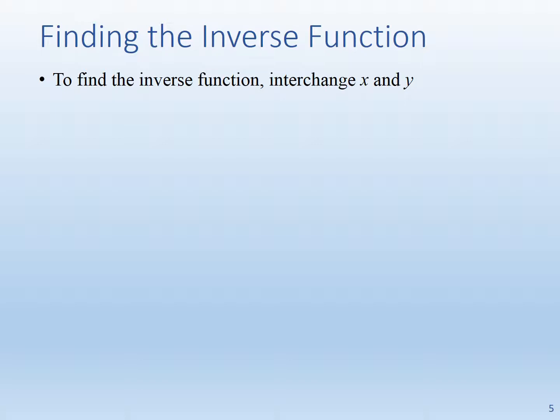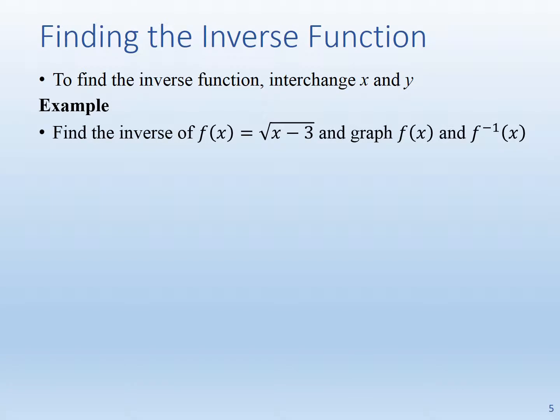To find the inverse of a function, what we need to do is just interchange the x's and the y's. So for example, if we have the function f of x equals the square root of x minus 3, we can find the inverse function by interchanging the y and the x.